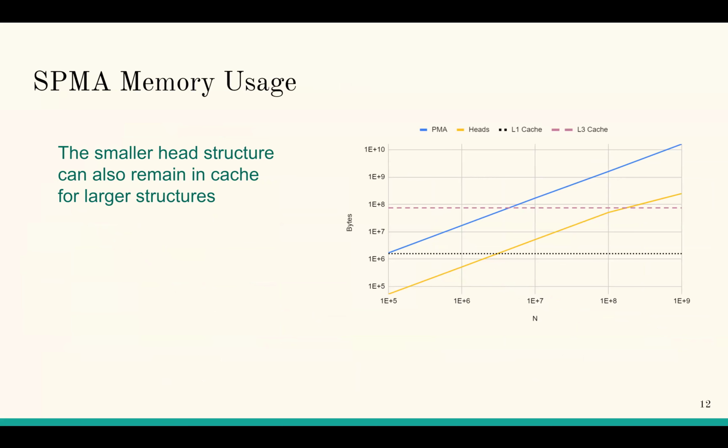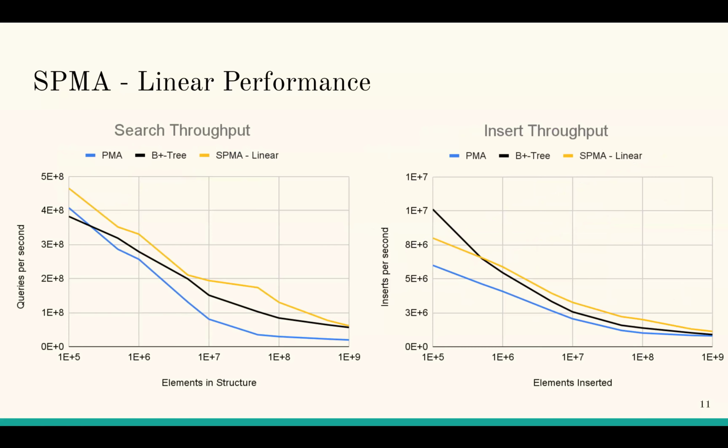One of the benefits of the search optimized PMA is that you're moving all of these heads, these highly queried things, into this separate, smaller structure. And it turns out for a very wide range of data structure sizes, that side structure just fits in cache. The size of these head structures is a log n factor smaller than the total size of the data. And so up until almost 1 billion elements, they just fit in cache. And this is why once we hit about 1 billion elements, we no longer see this advantage.